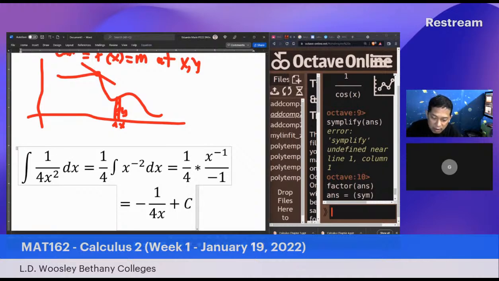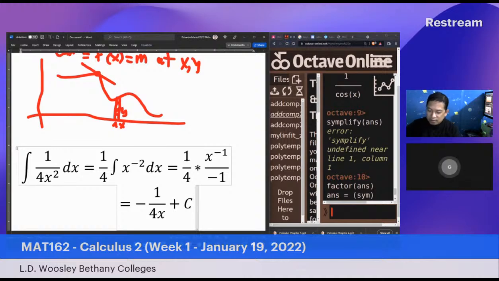Okay, sige. Then, you just dictate the rewrite, integrate, and simplify. Sa number 10, sir. Yes, number 10. Number 10 po, integrate 1 over 3x raised to 2 times dx, equals 1 over 3 integration sign x raised to negative 2 times dx.